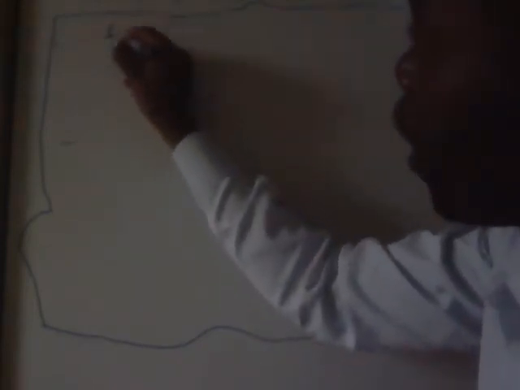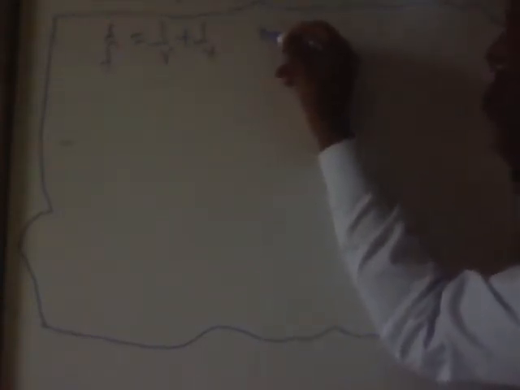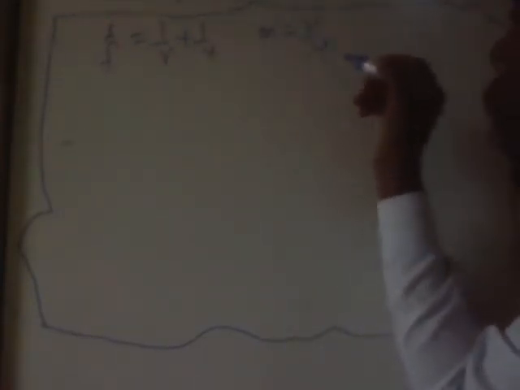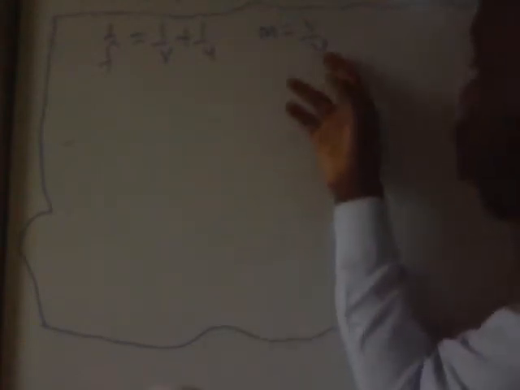The formula you're going to use here is the lens formula: 1 over F equals 1 over V plus 1 over U. Another formula is M equals V over U, where M is the magnification, V is the image distance, and U is the object distance.